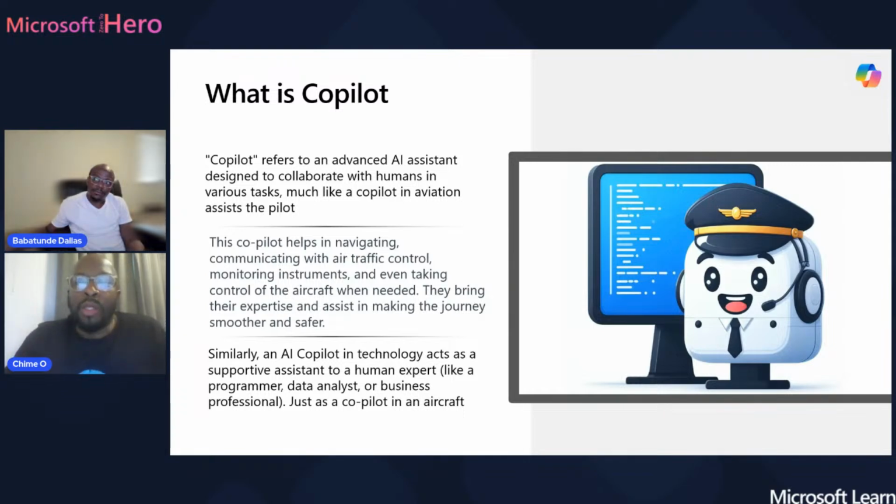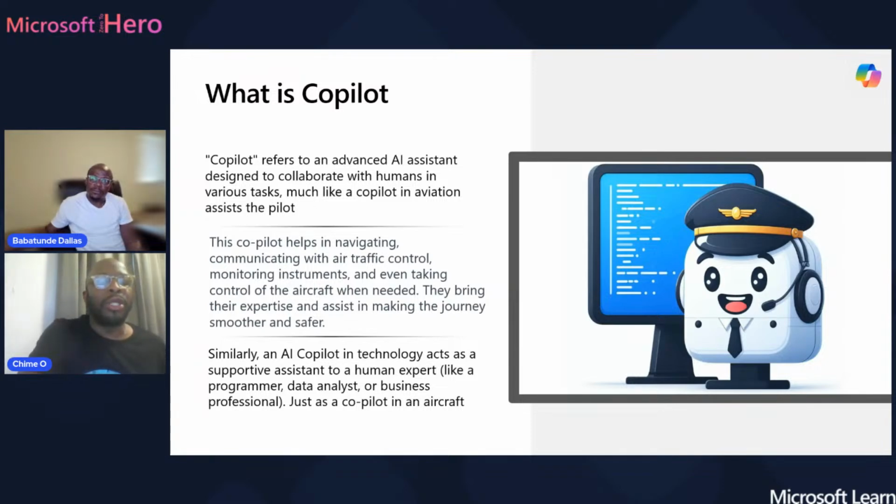Okay, so that's what this gives us. Now when we talk about co-pilots, just think about flying an airplane. There's an airplane, there's a pilot, and there's a co-pilot. That co-pilot helps the main pilot in navigating the airplane, right? Similarly, an AI co-pilot in technology acts like an assistant to a human being.